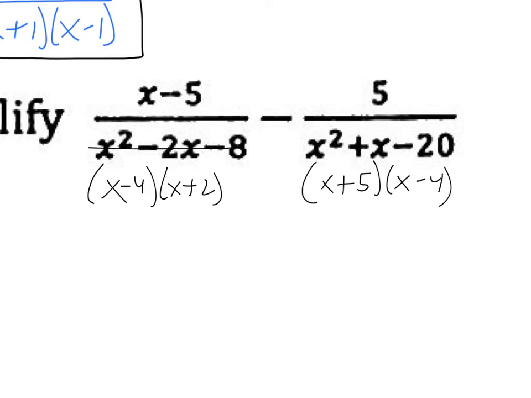Okay, so now I have to get these denominators to be the same. Well, if you notice, they both have x plus 4s already. So I don't need to worry about the x plus 4. But the first fraction needs this x plus 5, and the second fraction needs this x plus 2. And here's how we make that happen. In the first fraction, I'm going to multiply numerator and denominator by x plus 5.